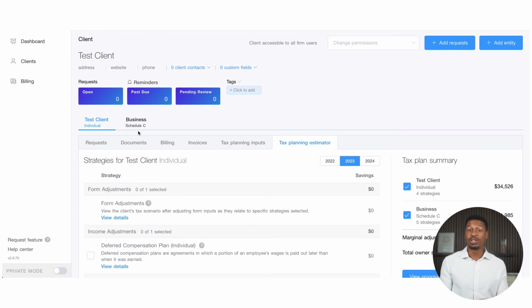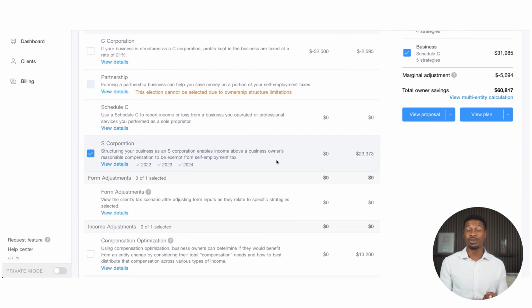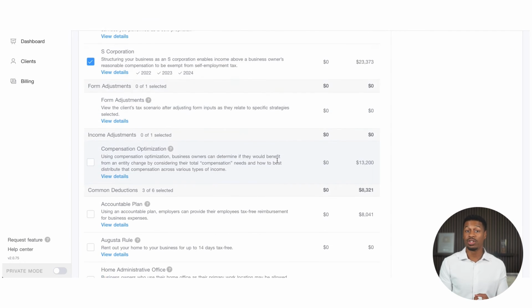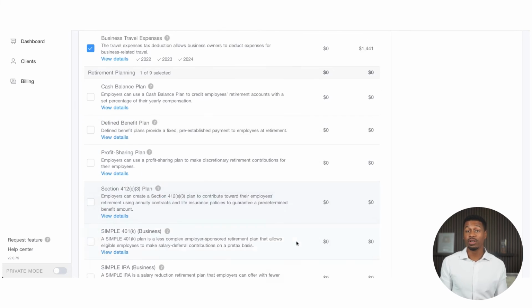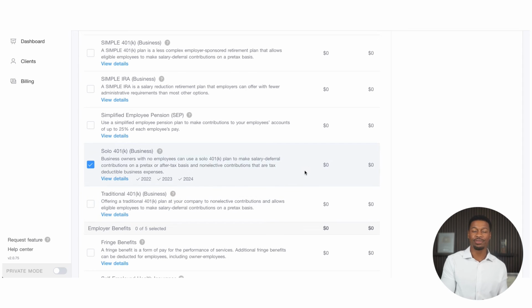And as a business, you can look at using the best entity to reduce your taxes, writing off a portion of your personal expenses like your home office, business meals, and even travel. And you can also take a look at various tax-deferred accounts amongst several other things.